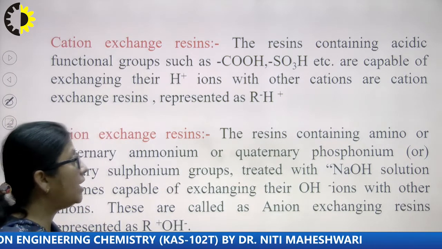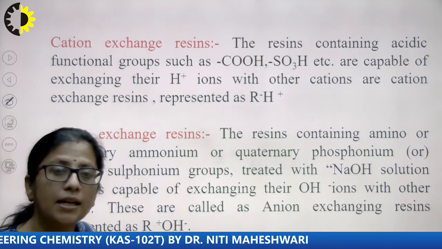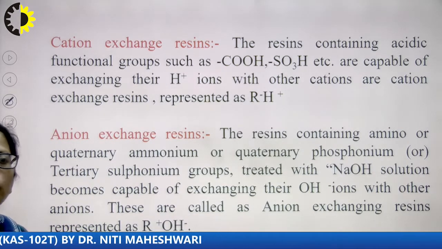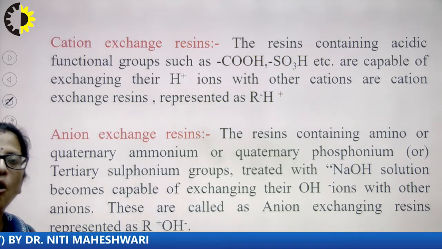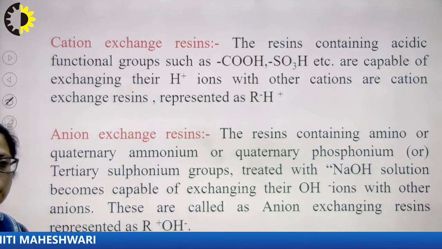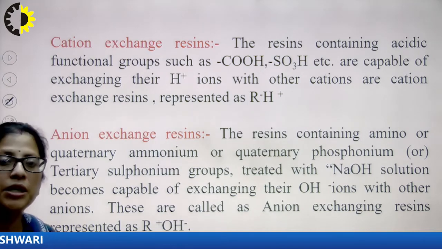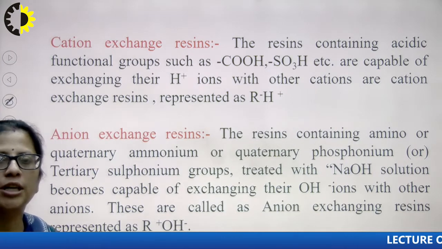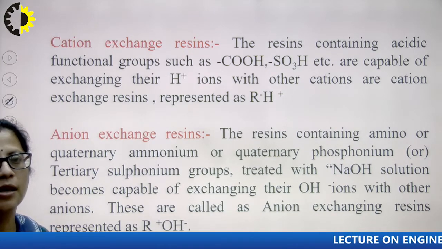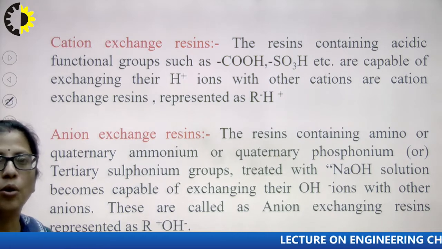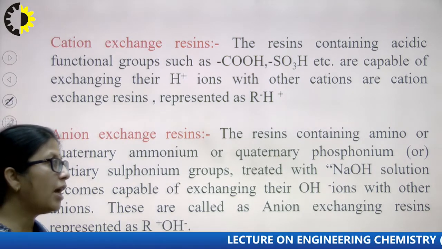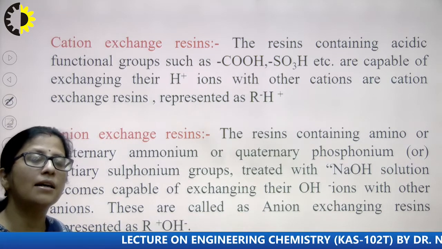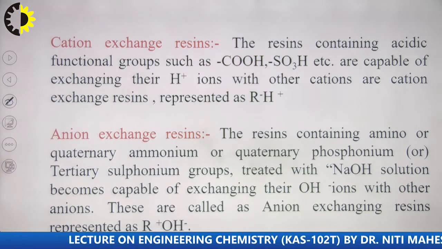Similarly, anion exchange resins contain amino or quaternary ammonium or quaternary phosphonium or tertiary sulfonium groups, and when they are treated with NaOH solution, they become capable of exchanging their OH minus ions with the anions in water, and therefore they are called anion exchange resins, and they are represented as R plus OH minus.